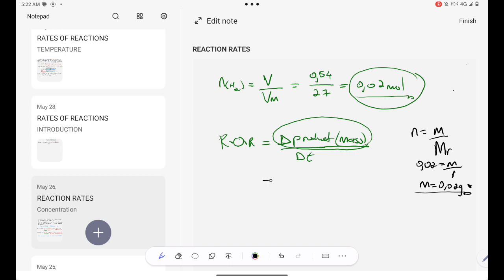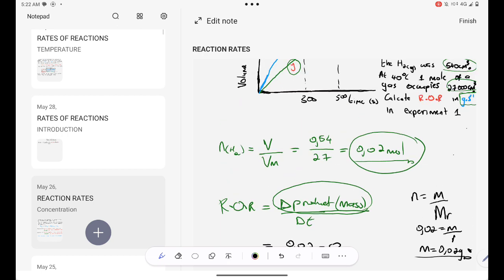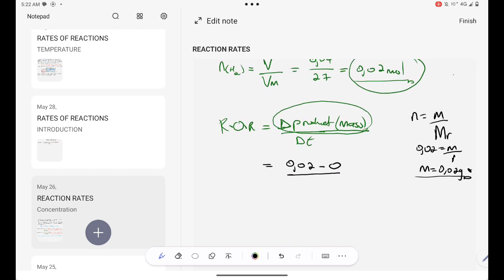So our rate of reaction will be equal to the final mass minus the initial mass. Initially, when the reaction progressed, there was no hydrogen present in the reaction vessel. So that's why I'm subtracting 0 grams of hydrogen, all over time. It took 500 seconds for experiment 1 to reach completion. So I'll simply divide by 500.